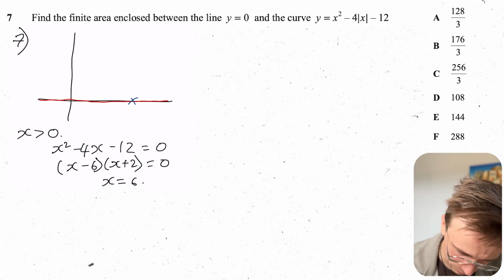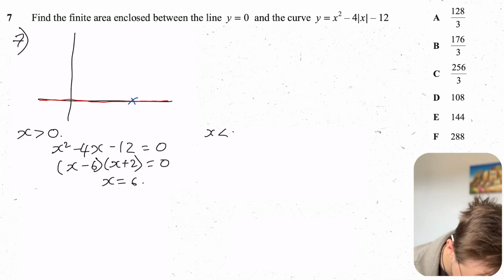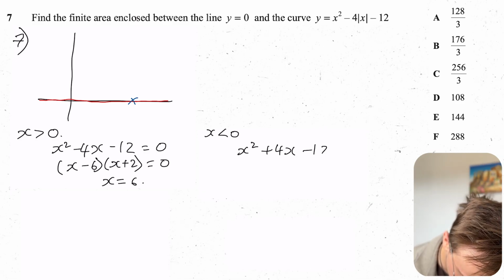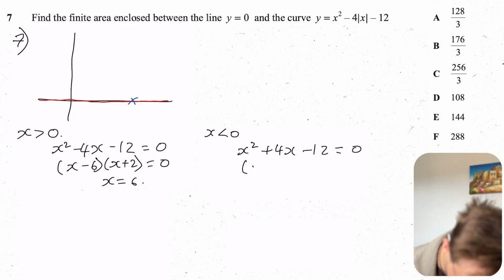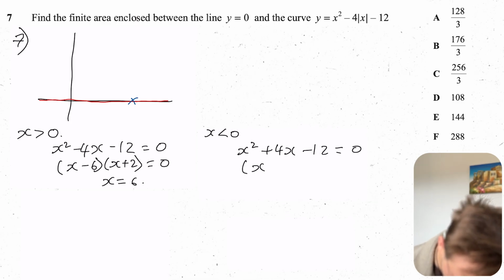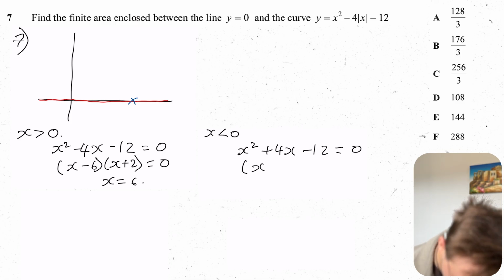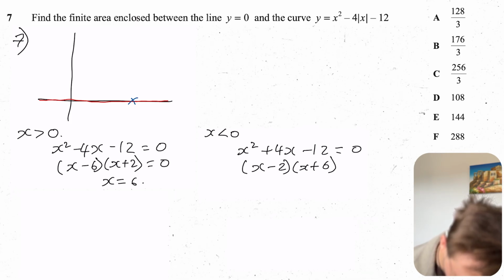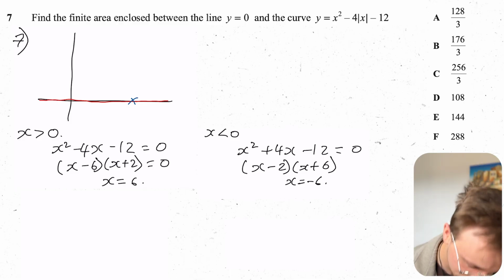And again, I have another case, x less than 0. I've got x squared plus 4x minus 12 equals 0, which will give me (x - 2)(x + 6), so I have x = -6.